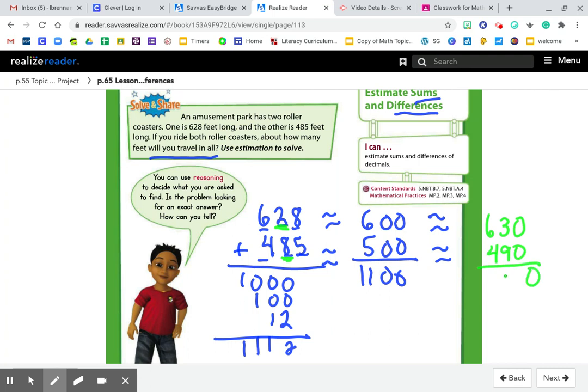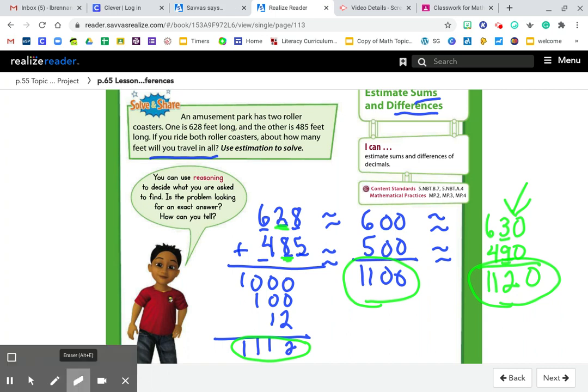And when I add these rounded numbers, I get 1120. If you take a look at when I round to the largest place value and when I round to the tens place, there's not a whole lot of difference. And here's my actual answer. You can see both of them are good rounding answers. This is what we call using rounding place value to help us get closer to the actual answer.